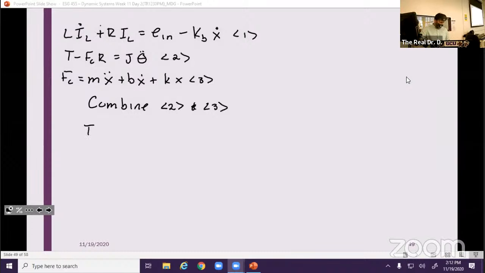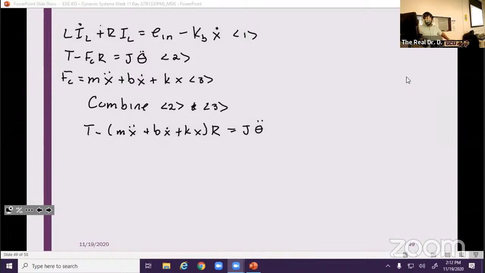well, I would have T minus (MX double dot plus BX dot plus KX) times R is equal to J theta double dot, right? Well, that doesn't really get rid of my theta, right? So how am I going to do this?